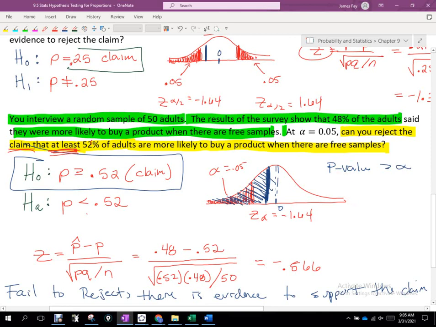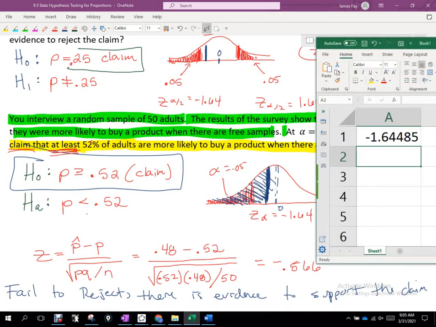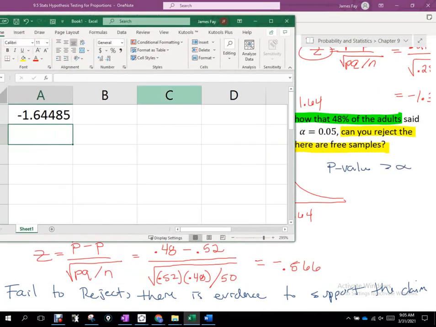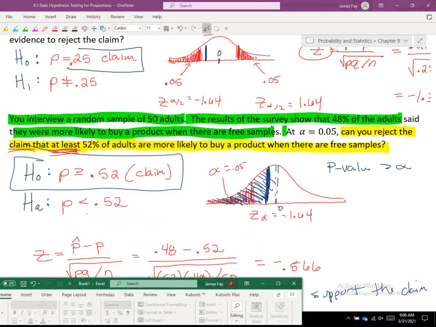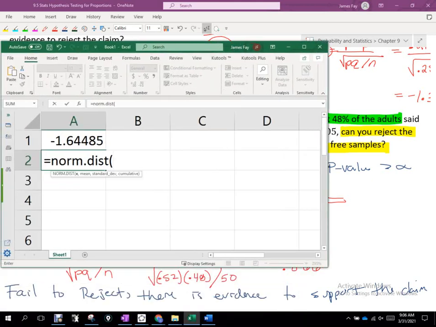Okay? So let's go ahead and take this negative 0.566 and run it through Excel and see if we can find what the p-value is. In this case, this is the one where I do need to use the norm dot dist, because now it asks for an x value. Well, we currently have that x value. That x value is ultimately this z-score of negative 0.566. So plug that in.